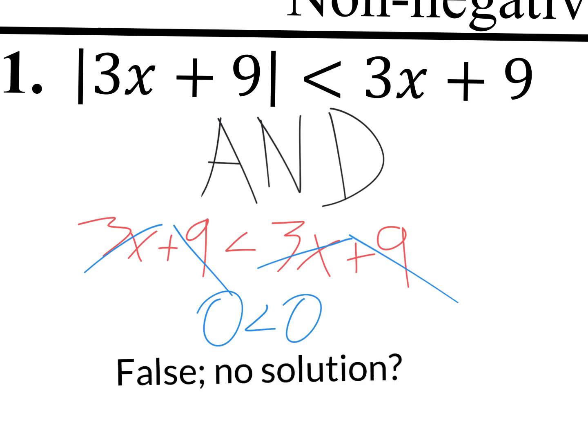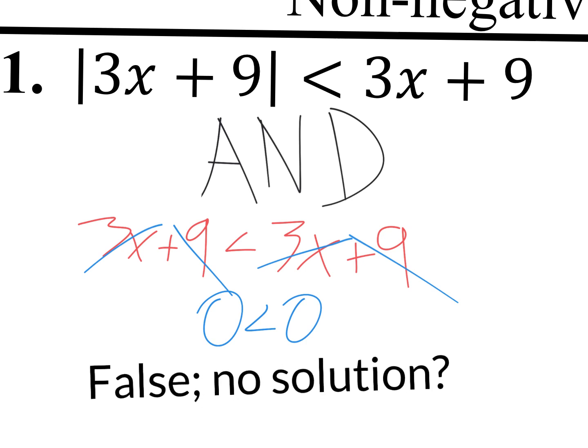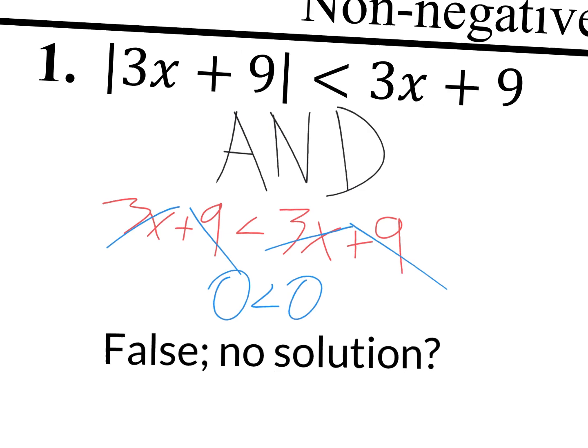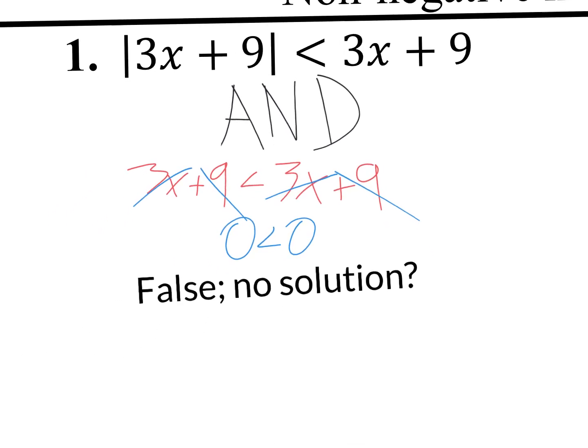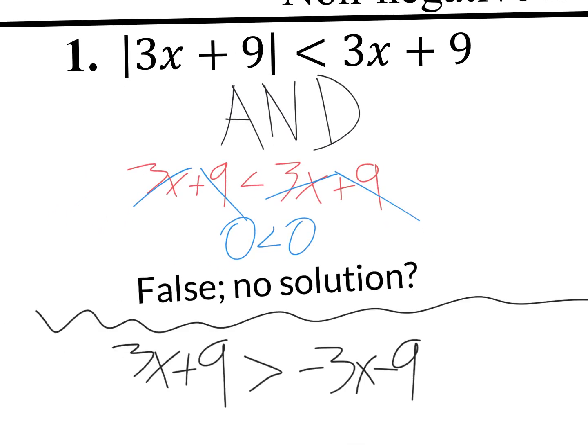And so whenever you get a false statement, you got to think to yourself, does that mean the answer is no solution? And the answer to that question is possibly. If it's an and problem and you get a no solution, then yes, it will be no solution for sure. Because if you were to solve this a second time around, you would flip the signs on the non-absolute value side. So I wrote negative 3x minus 9 here.